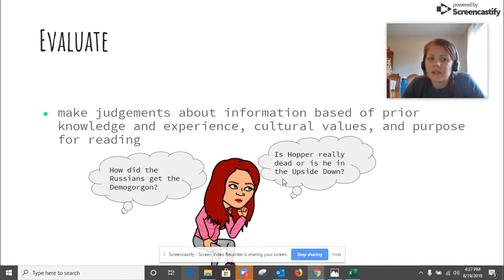So my little thinking person has some really evaluative thoughts about season 3 of Stranger Things to see why the writers chose the things they chose and what they are going to do with that as they go into season 4. You can apply that to any book or TV series or movie, of just how you make judgments about what was said and done in the piece that you watched or read.